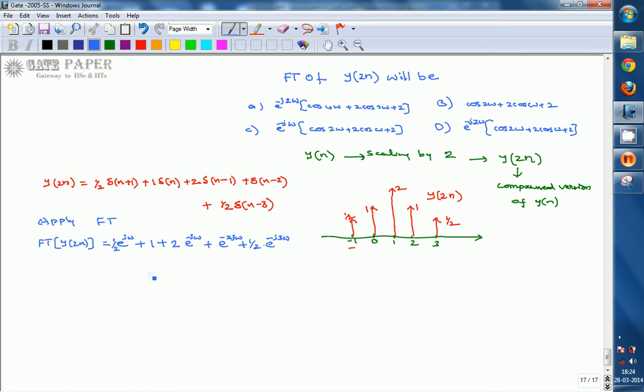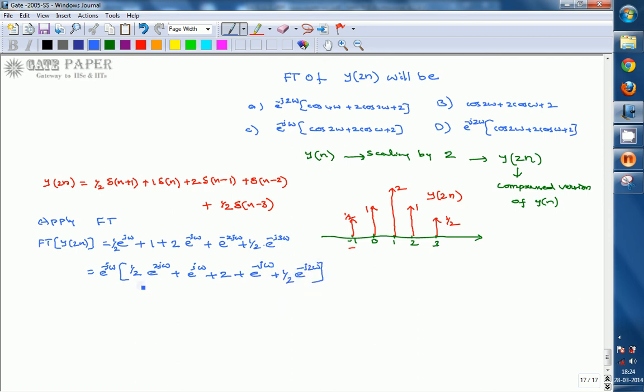So out of this, taking e power minus j omega as common for simplifying the entire equation, we will get 1 by 2 of e power 2 j omega plus e power j omega plus 2 plus e power minus j omega plus 1 by 2 of e power minus 2 j omega.